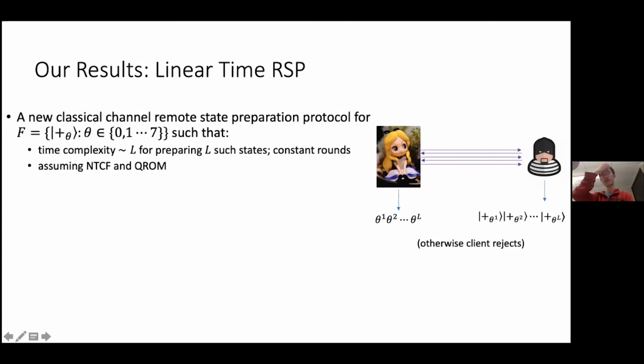In more detail, we give a new classical channel remote state preparation protocol for plus theta states such that we can use it to prepare L such states in parallel, and the time complexity scales linearly in L. At the end of the protocol, the client will hold theta 1 to theta L, where each theta is sampled randomly from 0 to 7. And correspondingly, the server will hold plus theta 1 to plus theta L. Otherwise, the client rejects.